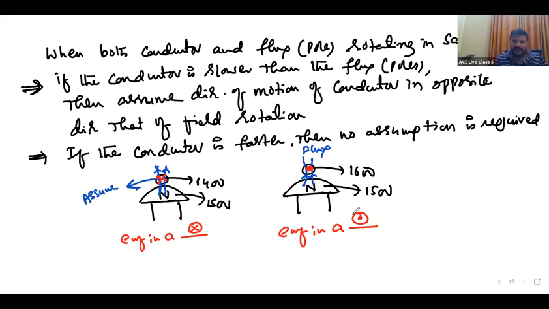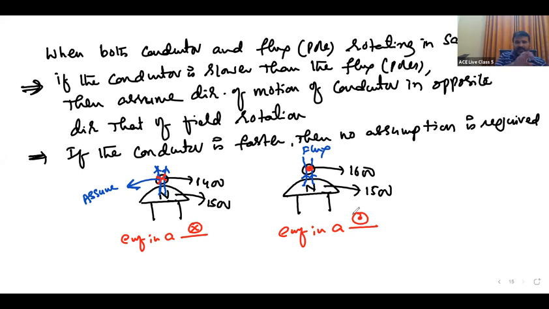Can you tell me, dear students, where this case takes place? Induction machine, induction generator, induction motor. In an induction motor, the rotor conductor rotates less than synchronous speed, both in the same direction. The stator field rotates at synchronous speed, but the rotor conductor rotates less than synchronous speed.